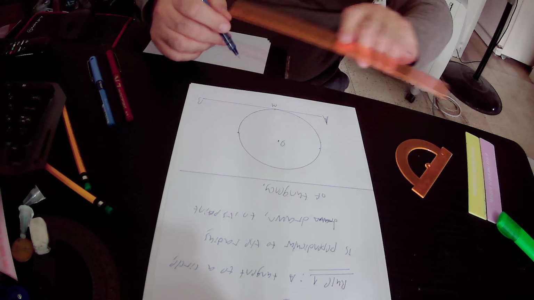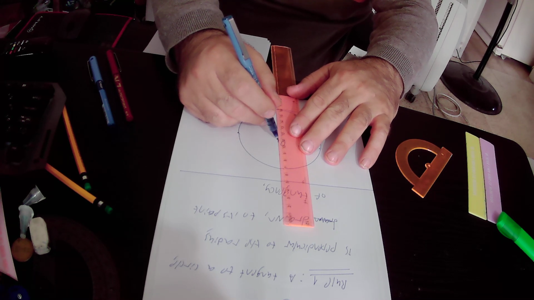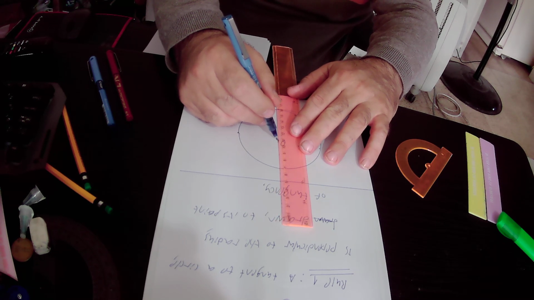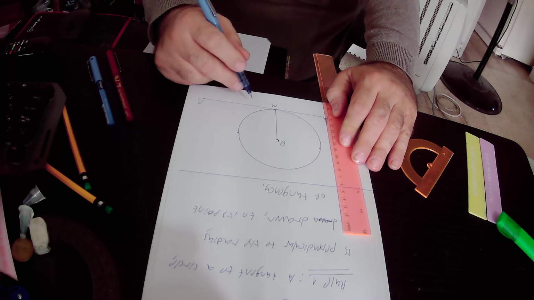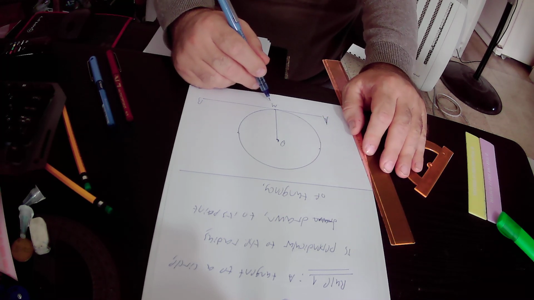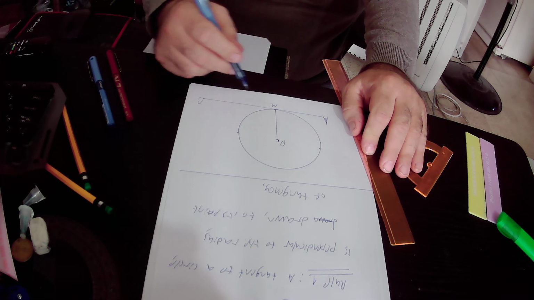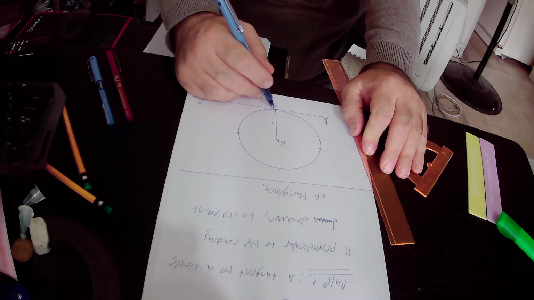Then this radius that is drawn to the point of tangency, that is to say to point M, is perpendicular to the tangent AB.